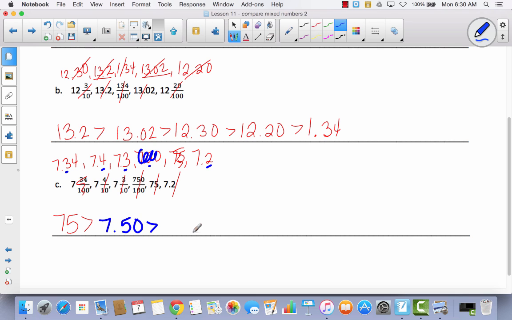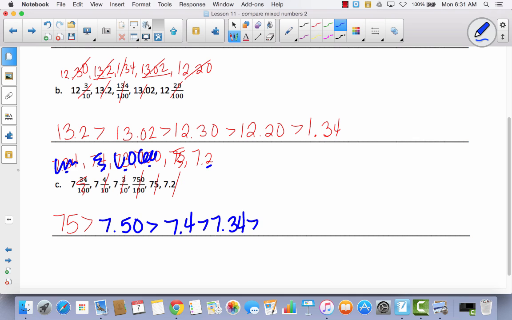So which one would be the next largest? 7 and 4 tenths. That's right. So now I've got 7 and 3, 7 and 3, 7 and 2. So I've got 3 and 3. So this one is 34 hundredths, and this one would be 30 hundredths, right? So which one would be next? 7 and 34 hundredths.